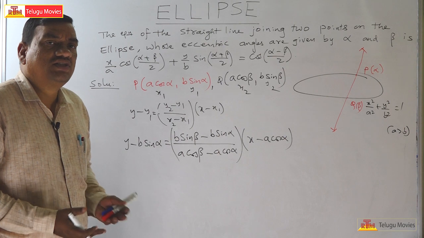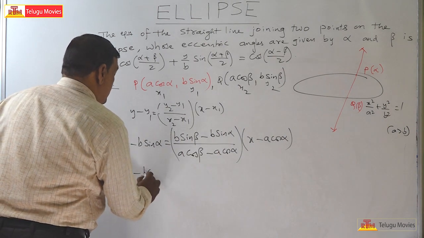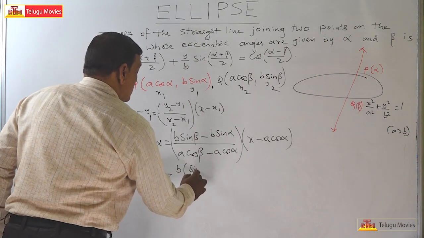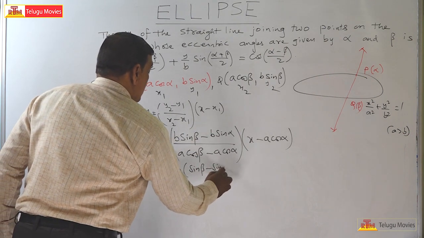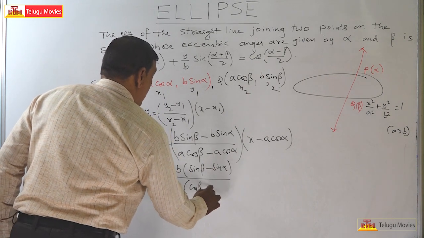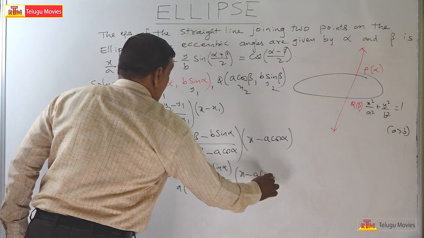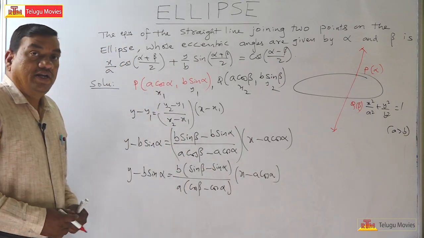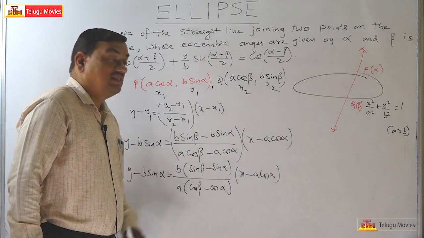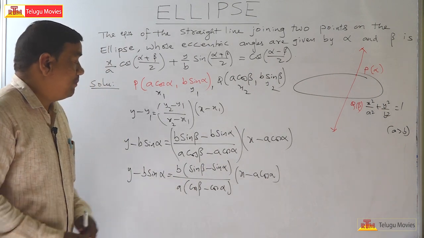The only thing left is the trigonometry part. Y minus b sin alpha is equal to, first take b common outside, (sin beta minus sin alpha) upon, take a common outside, (cos beta minus cos alpha), times (x minus a cos alpha). In transformations of trigonometry we know the sin C minus sin D formula and cos C minus cos D formula; you apply here.